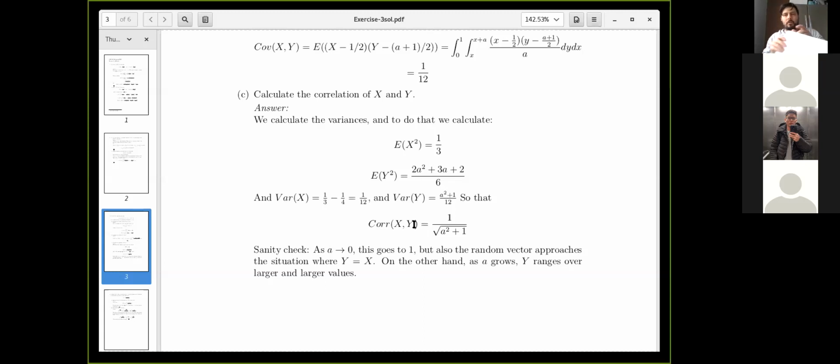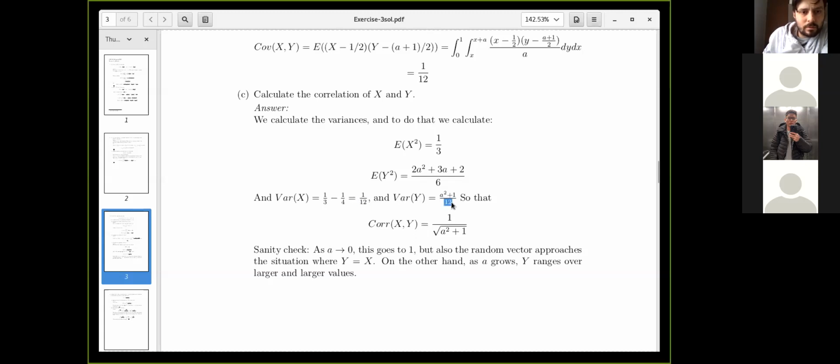So you normalize the covariance by dividing by the square root of the product of the variances, and that amounts to dividing by the square root of 12.